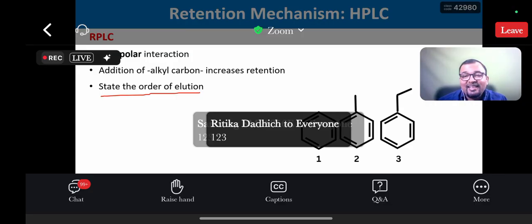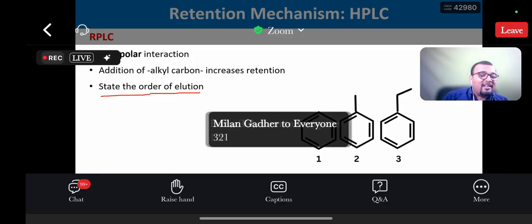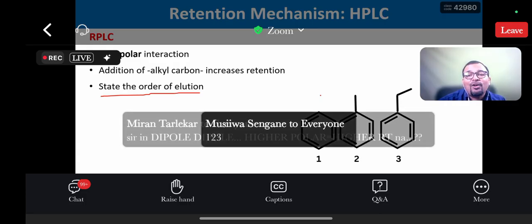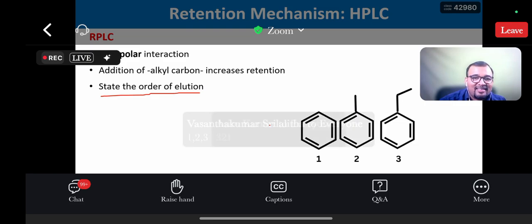Understanding now? Easy, right? Just by understanding the retention mechanisms, you could define the order of elution. 1, 2, and 3. Awesome, fantastic.